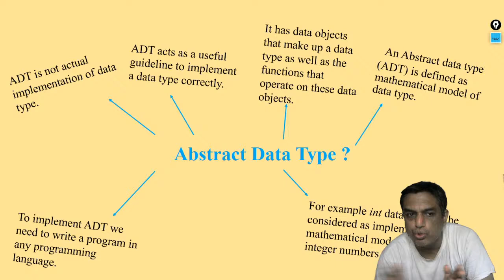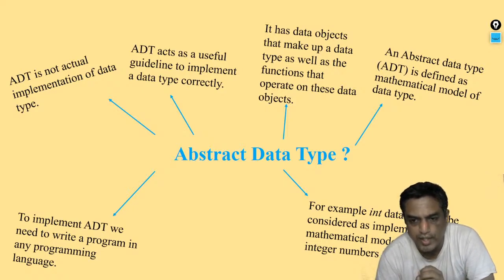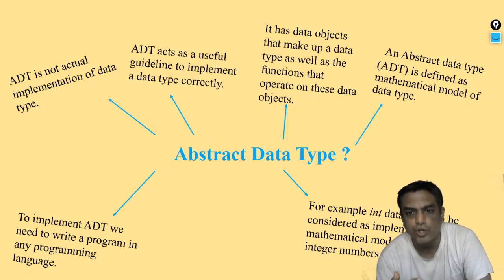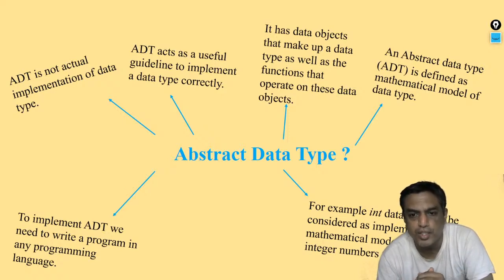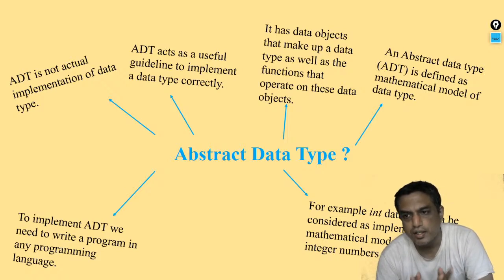We don't go directly for coding. We first prepare a mathematical model of the same. How is the mathematical model prepared? First we decide what data items it will have. Then we decide what operations can be performed on these data items. Once this decision is made on pen and paper, this thing is called an abstract data type.